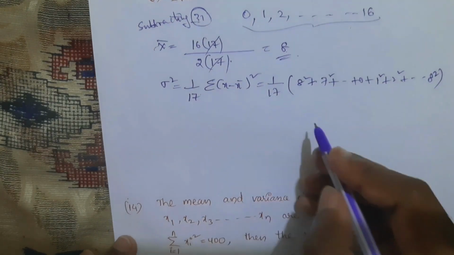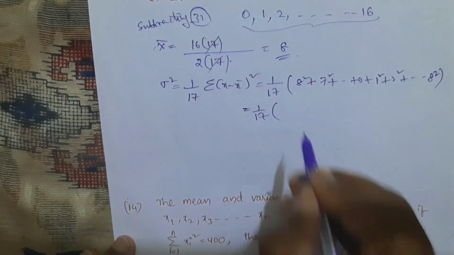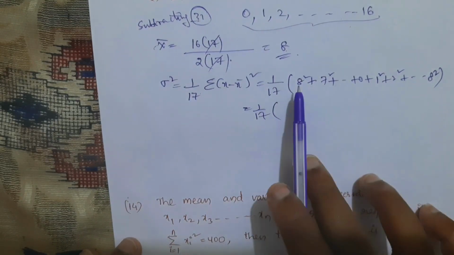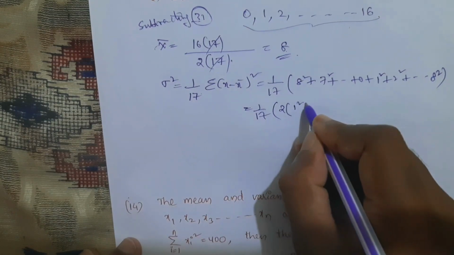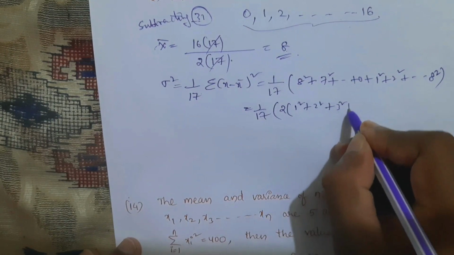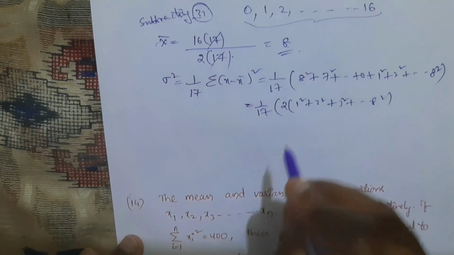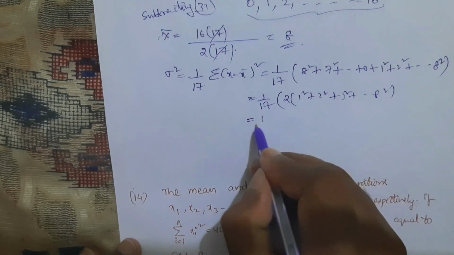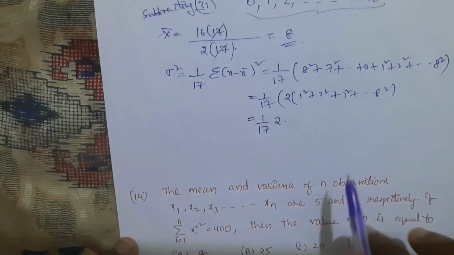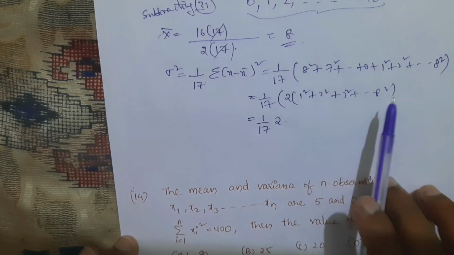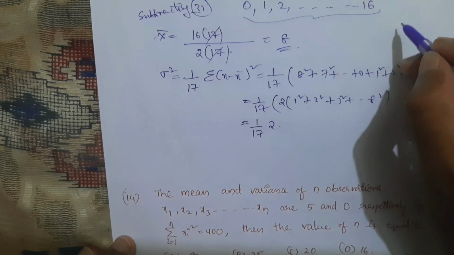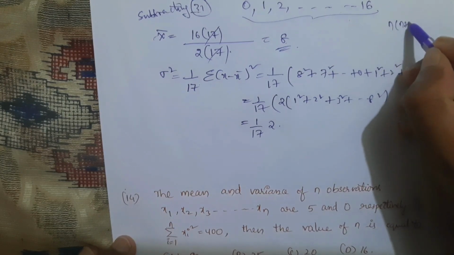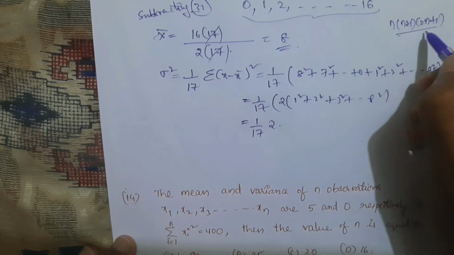So again we got a series like this: 1 by 17 into, if you observe, 1 to 8 squares and again 1 to 8 squares, that means 2 times 1 square plus 2 square plus 3 square plus so on up to 8 square. We can simplify this as 1 by 17 into 2 into the sum of squares of 8 natural numbers. The formula for the sum of squares of n natural numbers is n into n plus 1 into 2n plus 1 divided by 6.